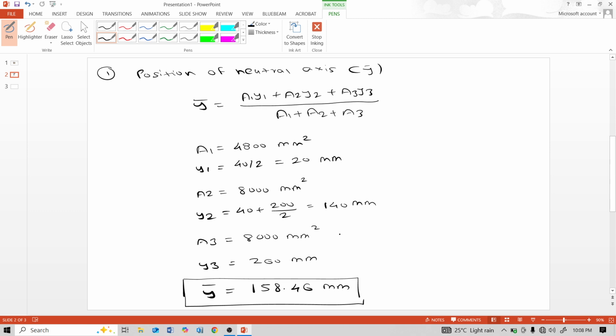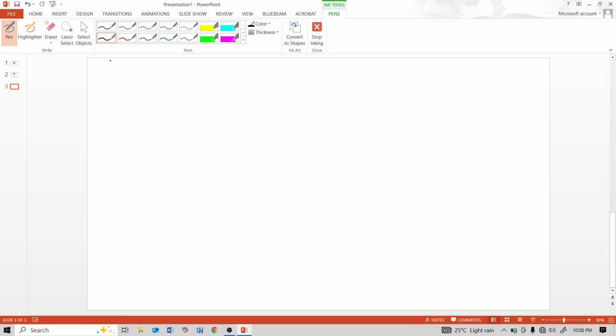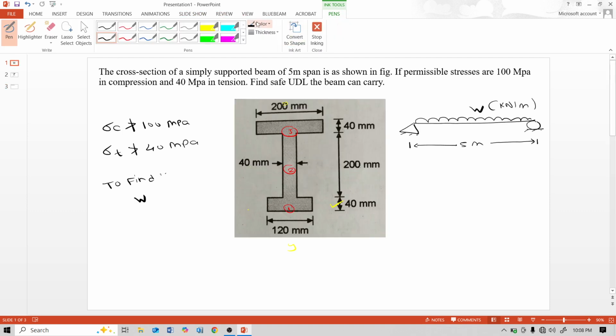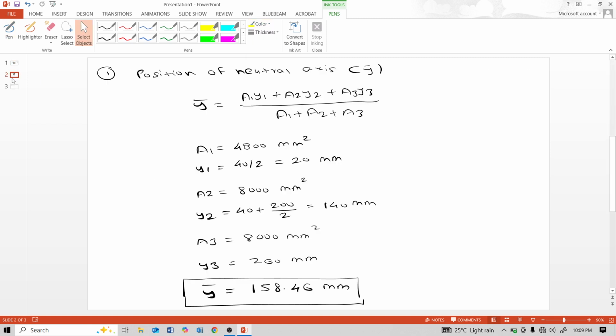Now the next step is to find the moment of inertia. Consider the bottom flange axis as the x1 axis, the web axis as the x2 axis, and the top flange axis as the x3 axis, and the neutral axis is at 158.46.